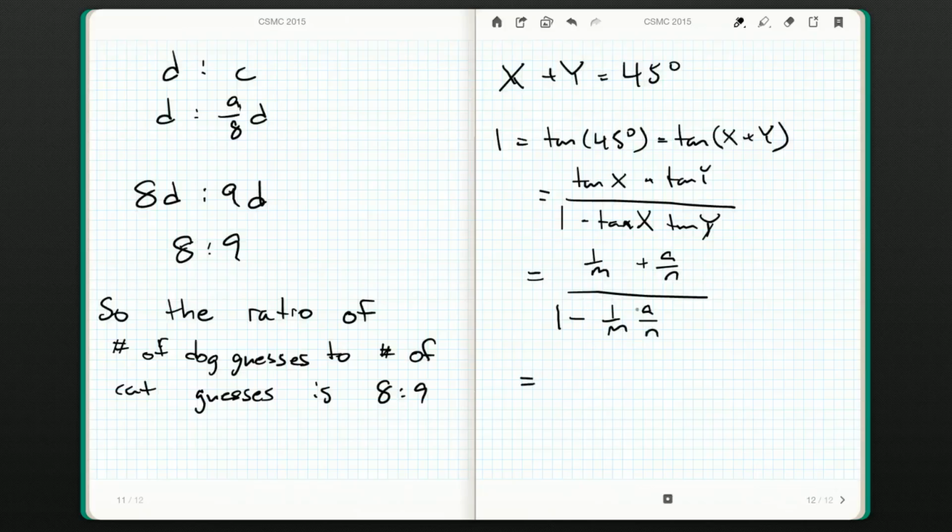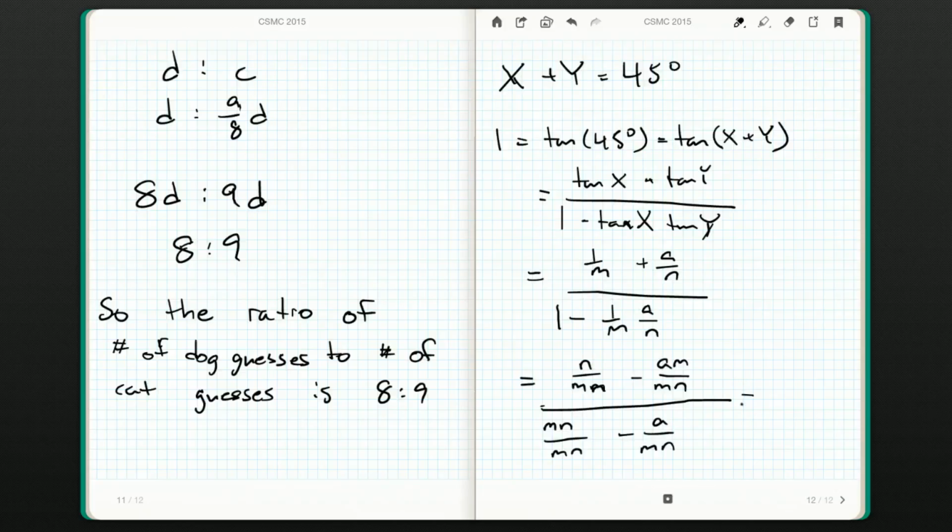So I'm thinking get a common denominator on the bottom, and also on the top, I guess. So n over mn plus am over mn, all over mn over mn minus a over mn.